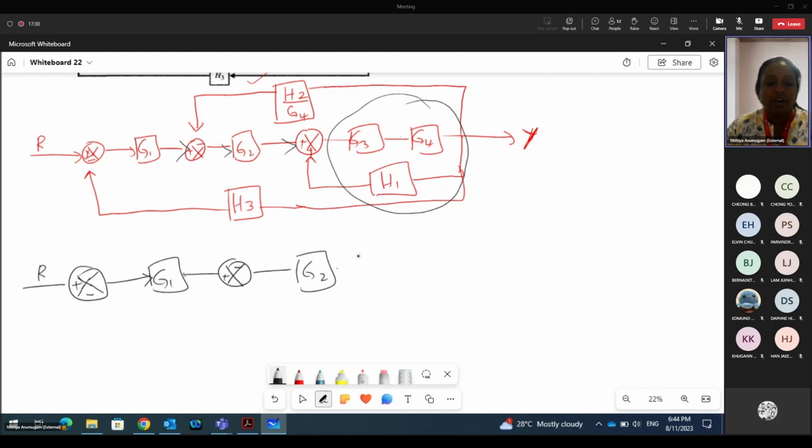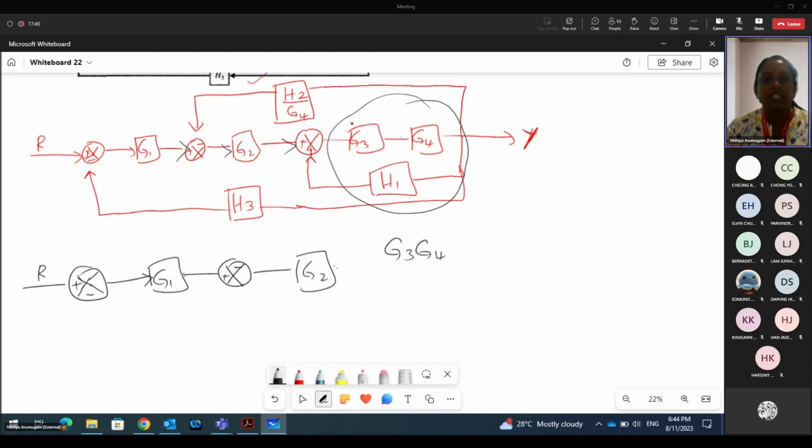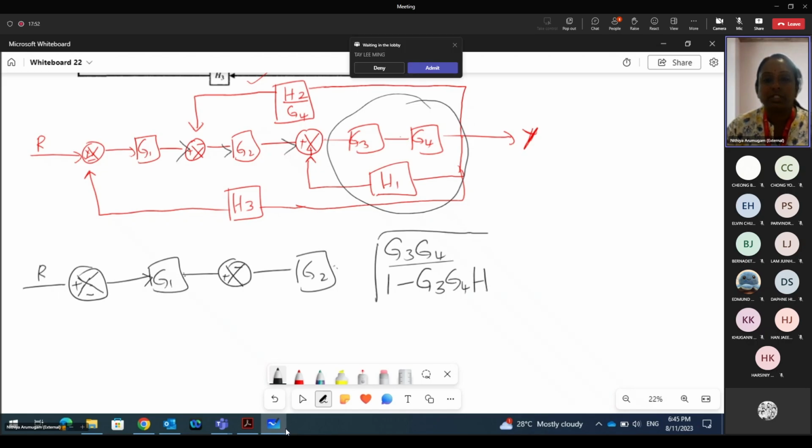All right, so now I'm going to sum the entire thing. How am I going to sum? It's going to be G3, G4 because this is in series. And then with the feedback loop, I'm going to include 1 minus GH. So the G in this case is G3, G4 and H. So this is my new diagram.